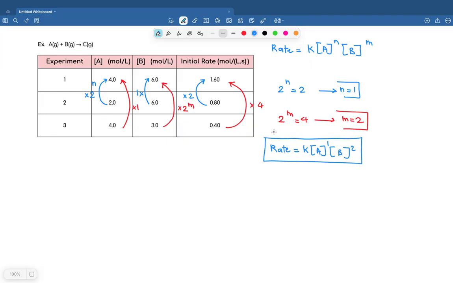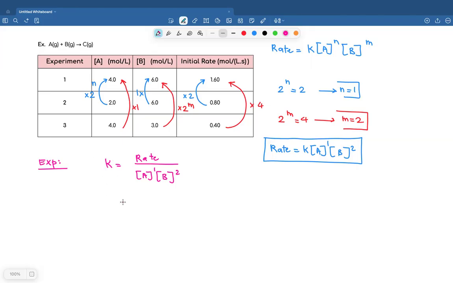Again, just for practice, let's find the K, the rate constant, over here. The rate constant can be found, again, as we said, by plugging the values into any of the experiments. So this time let's pick experiment 3. In experiment 3, if I want to solve for K, I know K would be rate over concentration of A to the power of 1, concentration of B to the power of 2.